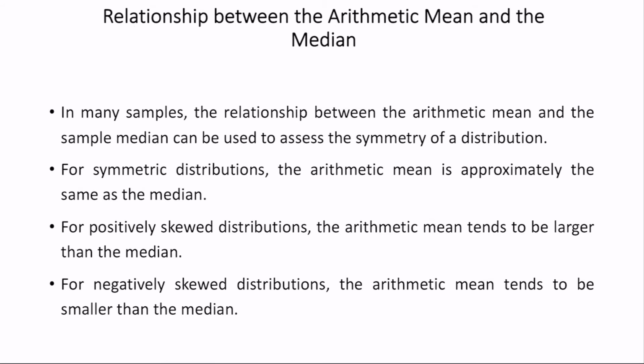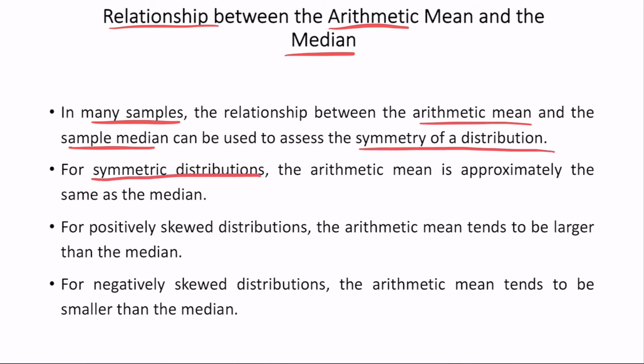Now let's talk about the relationship between the arithmetic mean and the median. In many samples, the relationship between the arithmetic mean and the sample median can be used to assess the symmetry of a distribution. For example, if you take a symmetrical distribution, the arithmetic mean is approximately the same as the median.